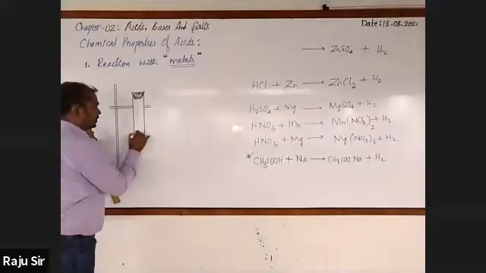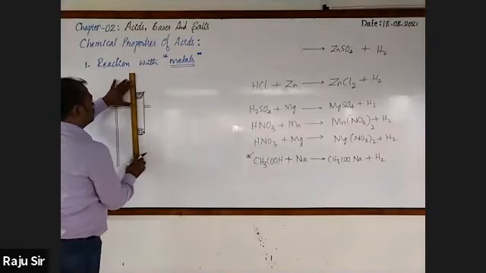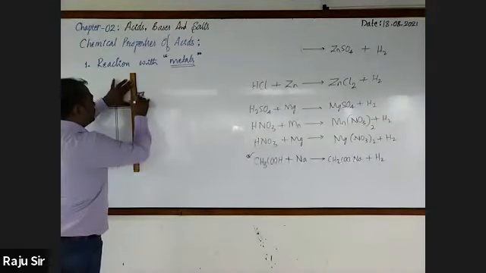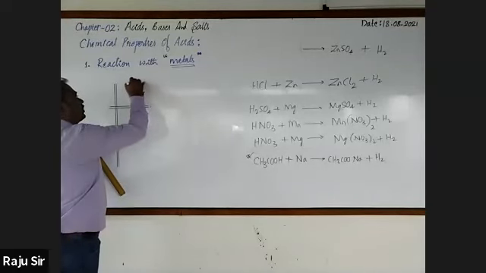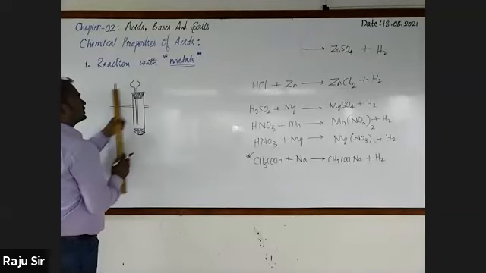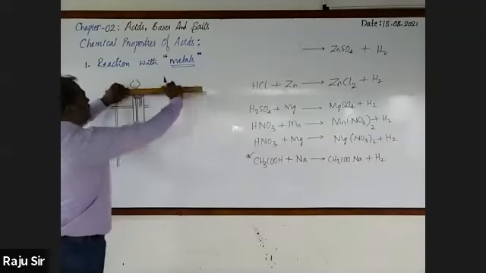Then here you may show the zinc granules. Next, draw a funnel which is used for adding the acid. Please go on drawing with me so that you can save time. Next, draw the delivery tube which is used for passing the gas into the soap solution. This is the delivery tube.